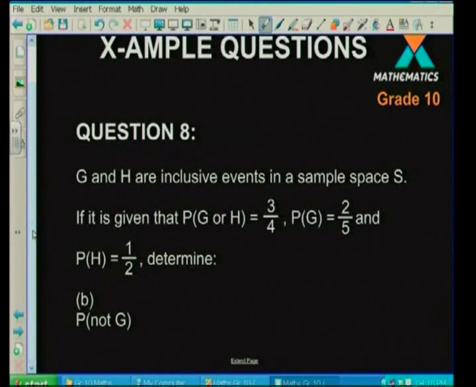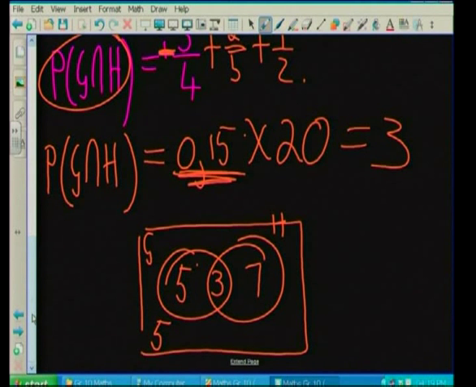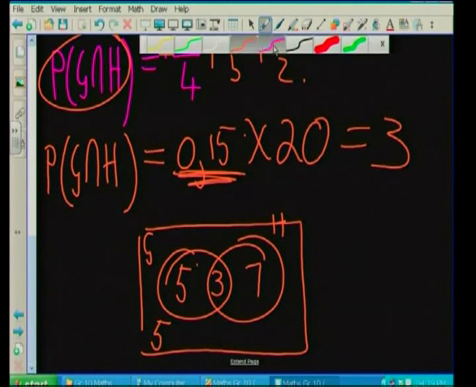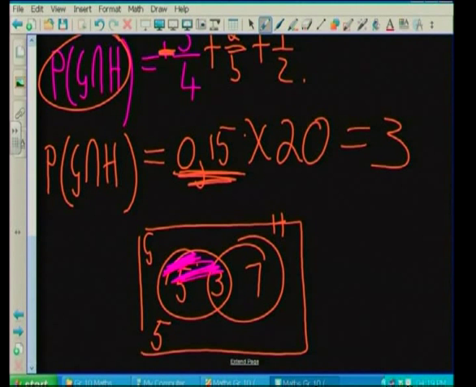But let's have a look at the rest of the question. The next part of the question says to me, determine the probability of getting not G. In other words, the complement of G. So let's go back to this Venn diagram that I've drawn, because actually that makes things a lot easier. I'm not allowed to include anything that's in G, so I'm going to scratch out G. And let's have a look at what is not in G. Well, I've got the 7 elements in H, which are not in G, and the 5 that are outside.